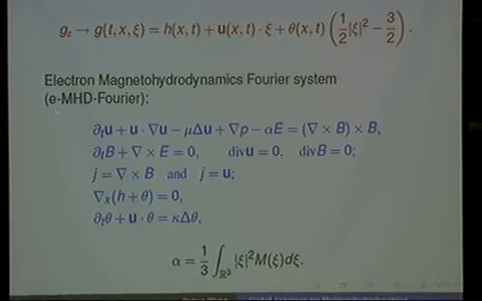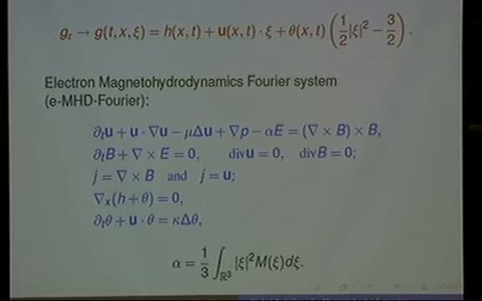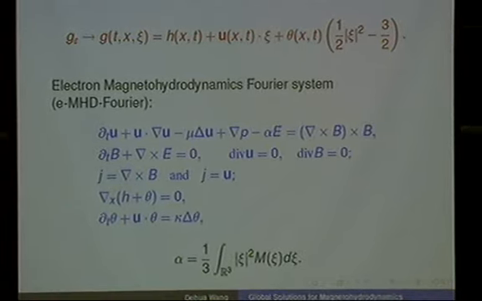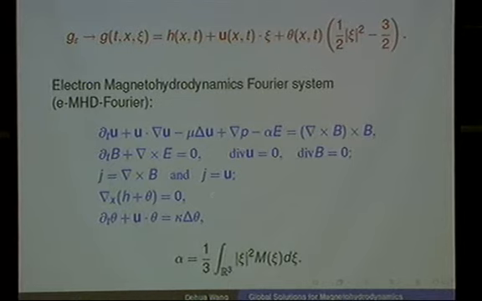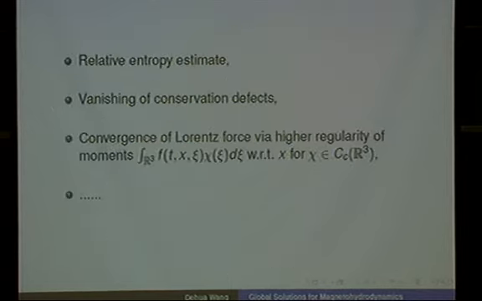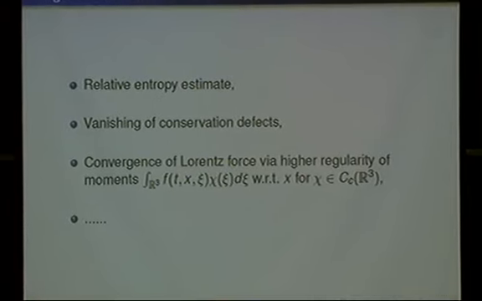In the literature this is called EMHD. This is the limit here, and B is still the magnetic field. This is the standard equation, and of course the solution is still a weak solution in the weak sense.